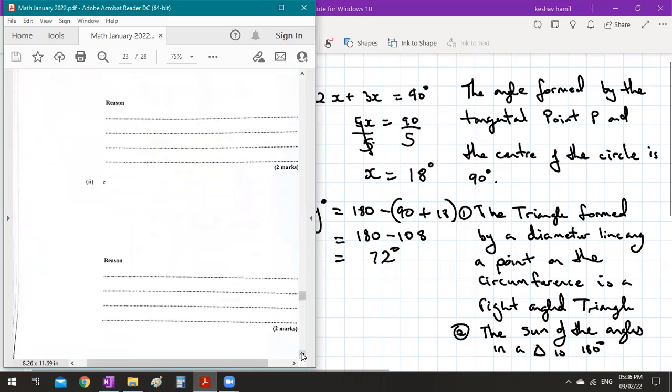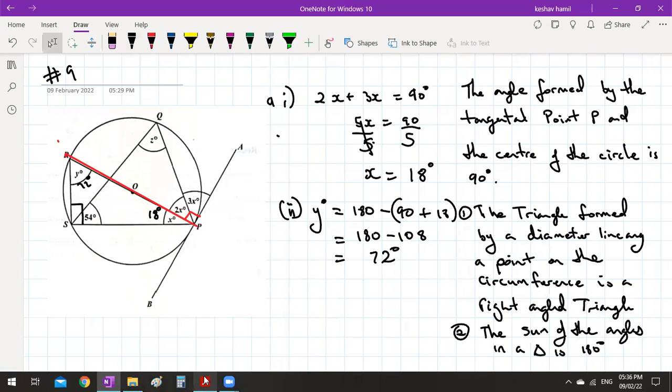And then we want to find z, which is up here. Two ways we could do it. We know the value of x, so this is 18, this is 2x, which is 36. Add these two to get the other angle of the triangle.